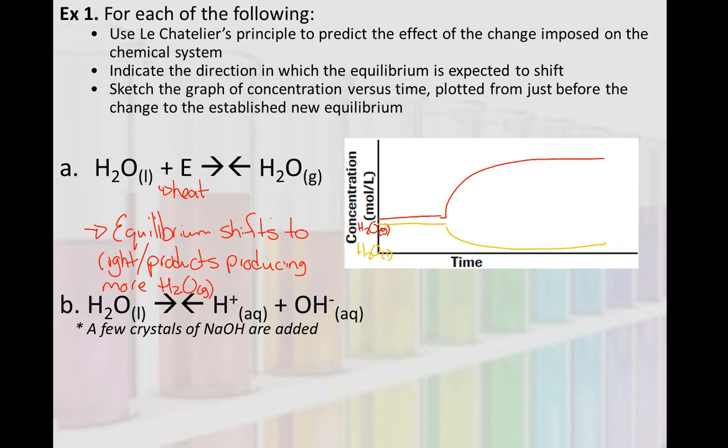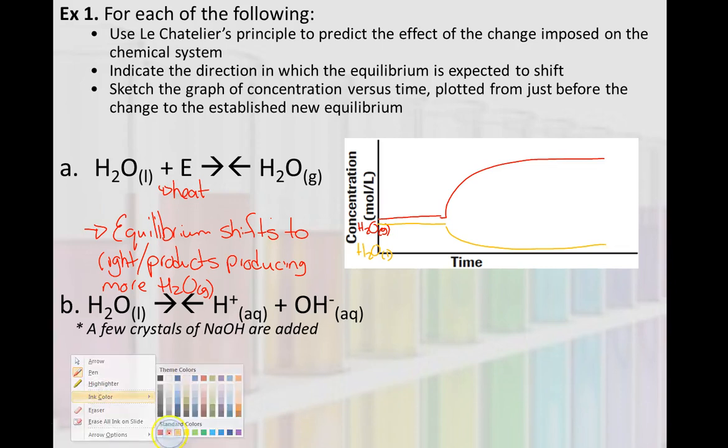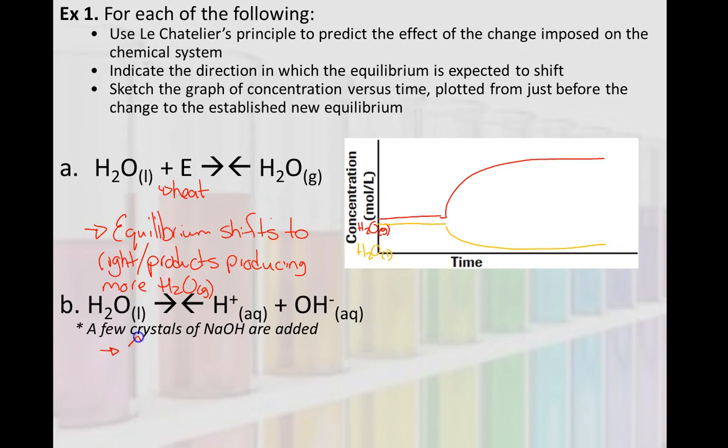No matter what, because I'm adding sodium hydroxide, there is going to be an increase in the concentration of hydroxide ions, right? Because I'm adding them in there. They will have to increase no matter what. But my system is going to respond, how so? Initially, it will shift to the left.